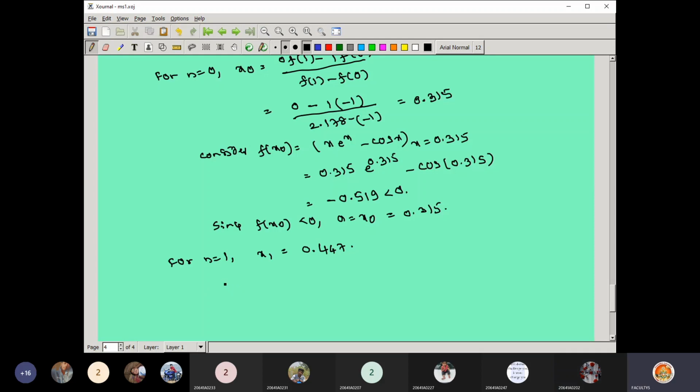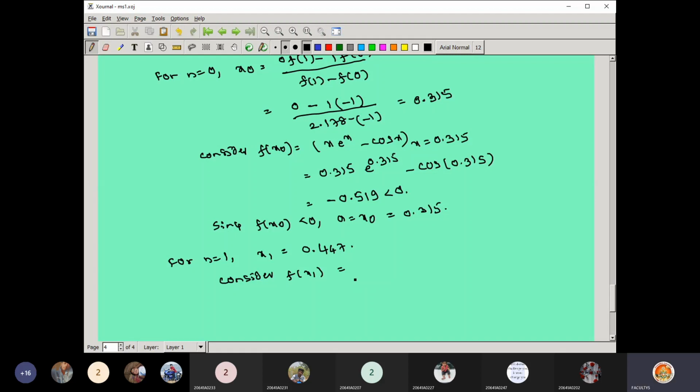So that value you are substituting again in the function. Consider f of x1. In your equation, you are substituting the x1 value. Let me know the answer. If you get 0, we are happy and we can stop the process. Tell me what you are getting.